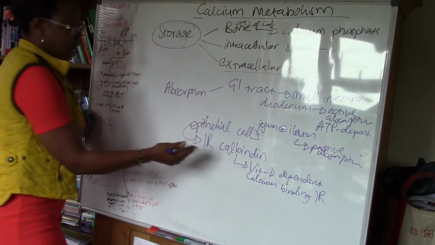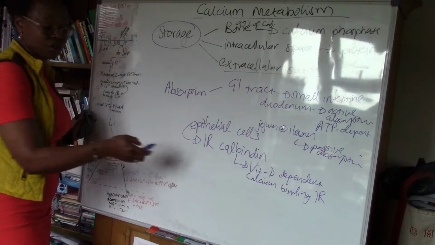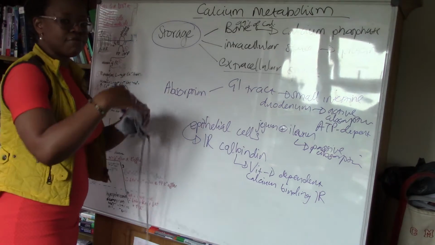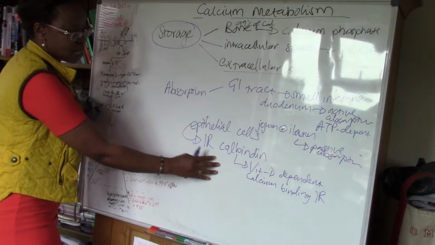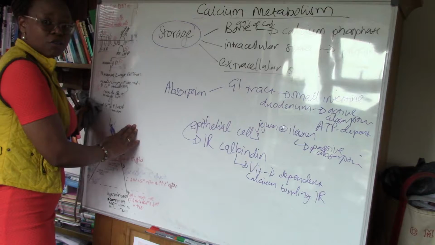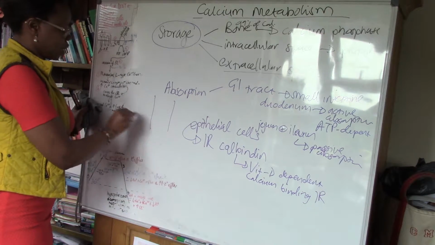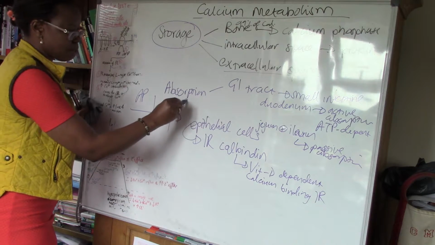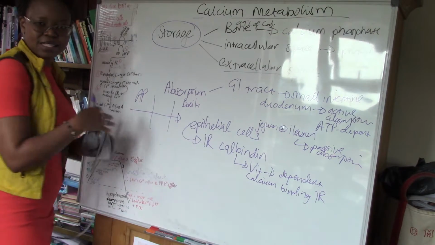And really what happens is calbindin binds calcium, and then it sort of forms a vacuole, which allows the calcium to come from the outside space, from the apical side, to cross through to the basolateral side without really entering the cytosol.